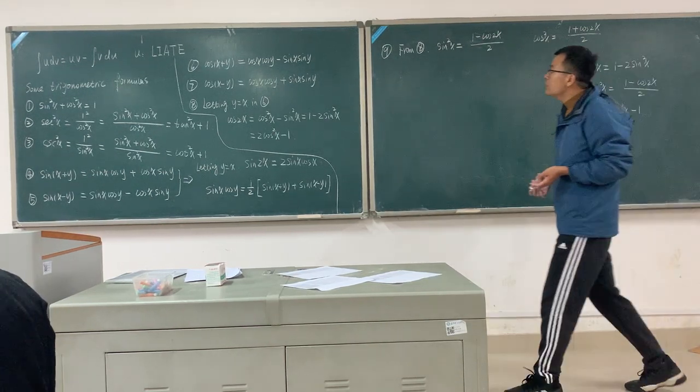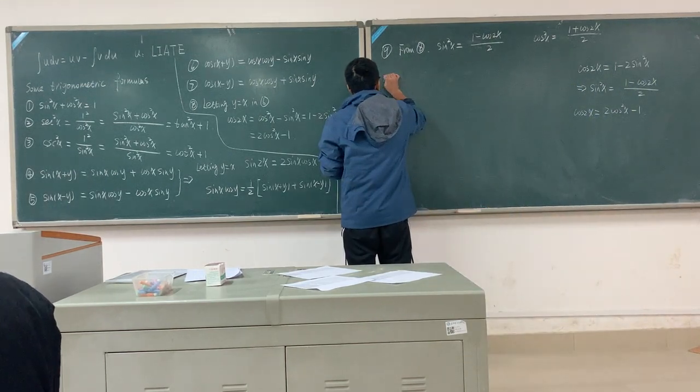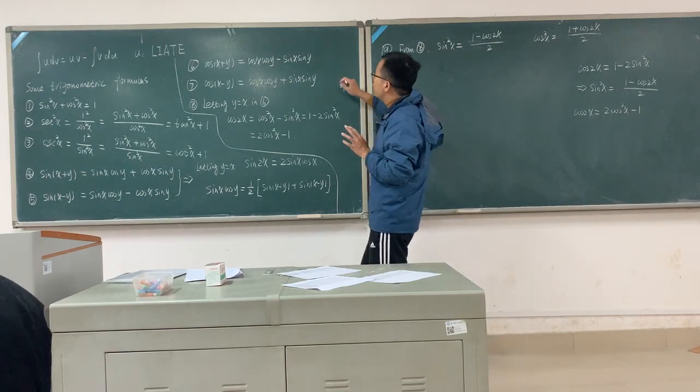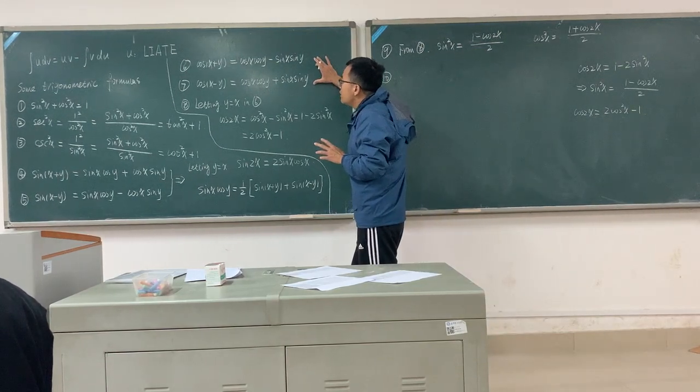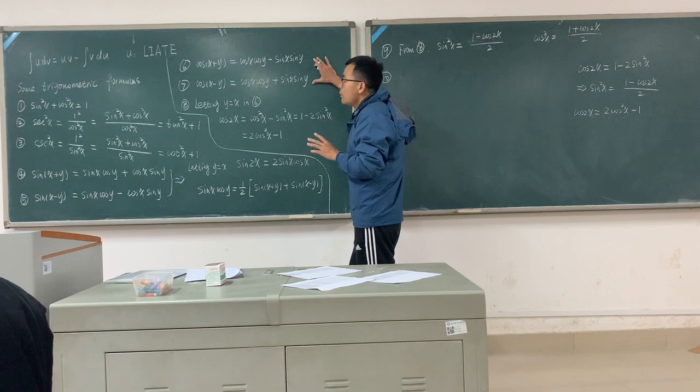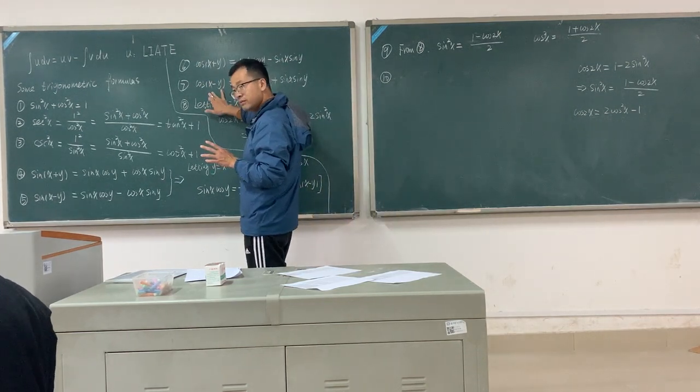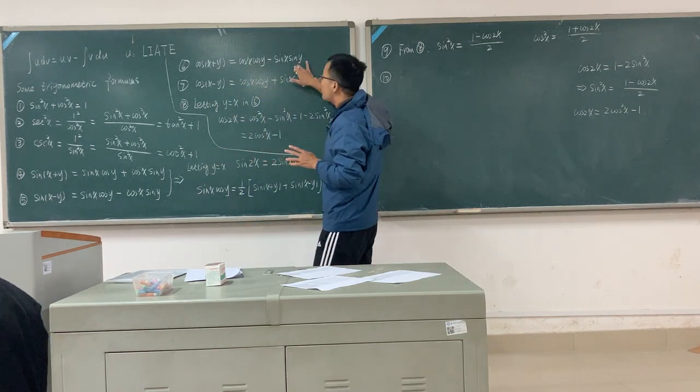And now for number 10, it is the same. For number 6 and number 7, we sum the left hand side and equate it to the sum of the right hand side.